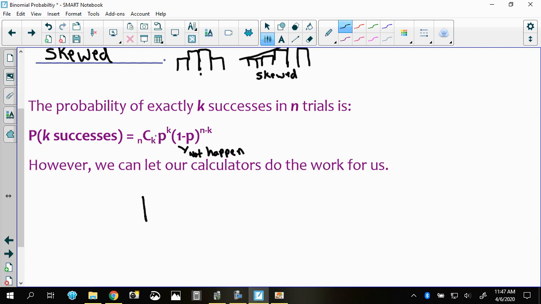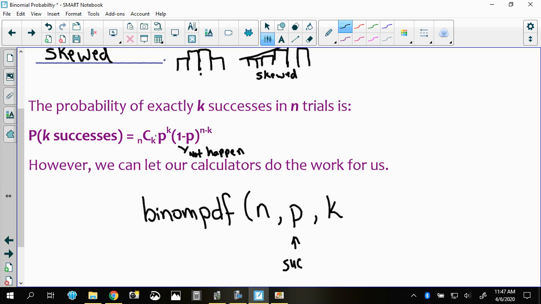So the binomial PDF, and we're looking at N, probability, and then your K. So this is probability of success, and then this is how many successes you want, and this is your total.